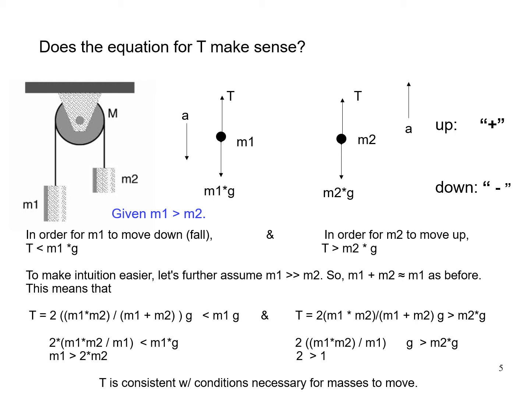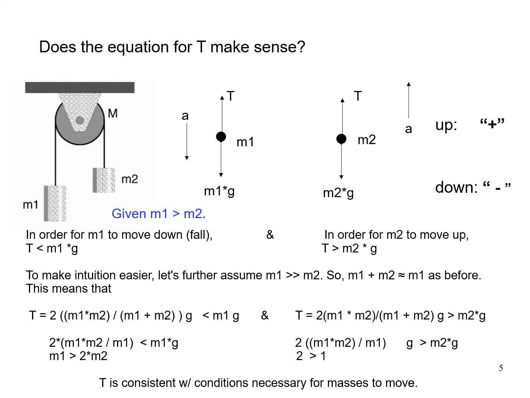Plugging this into our equation for T and then substituting this equation into our condition that T must be less than m1 times g for m1 to have a downward acceleration, we find that m1 would have to be greater than 2 times m2. But this is exactly what we assume to be true. So this condition is satisfied.